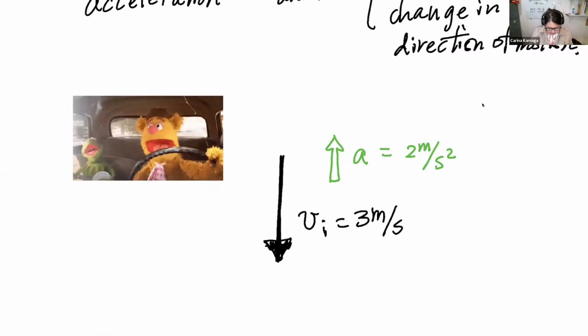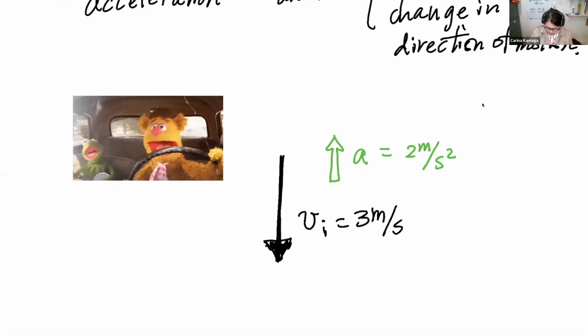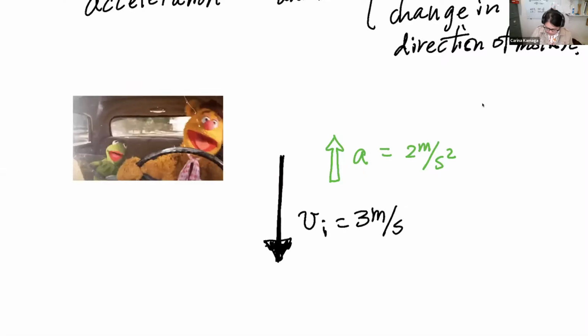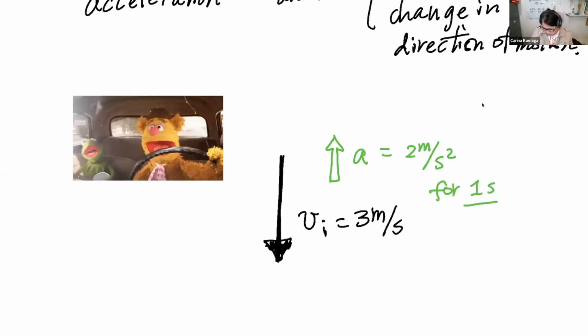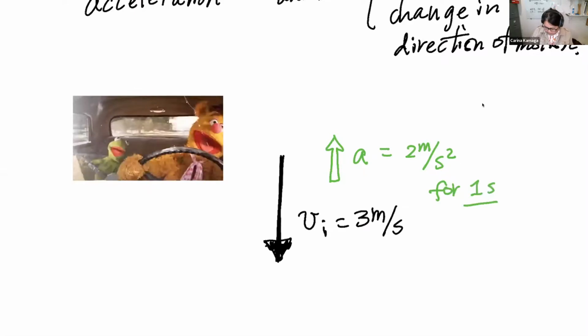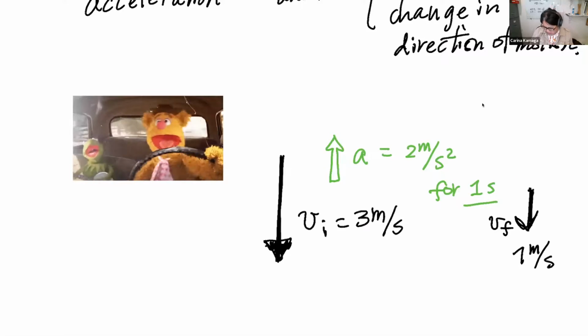That means the final velocity, if it's applied for 1 second, will still be in the same direction, but in this case it's going to be 1 meter per second.